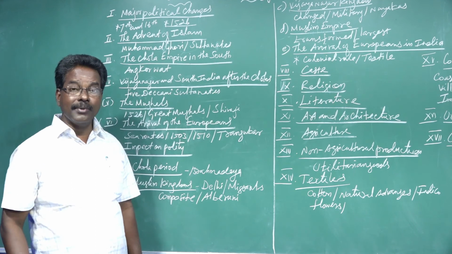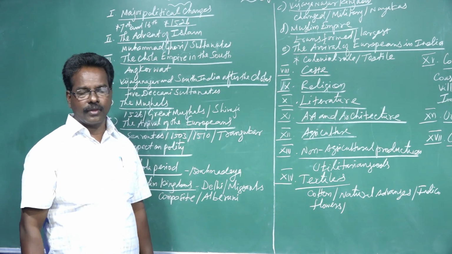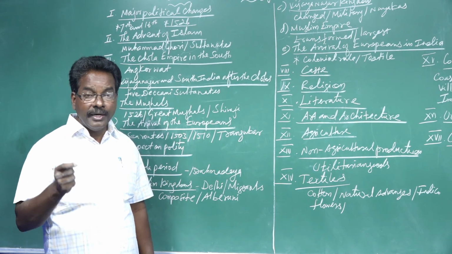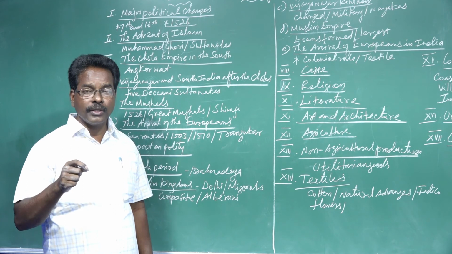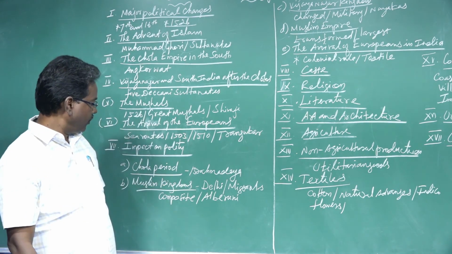What is called Brahmadeya? Brahmadeya refers to free tax villages that were granted to Brahmins by the emperor. It was called Brahmadeya.